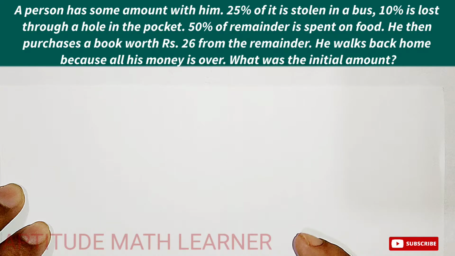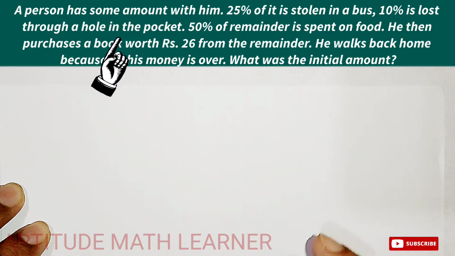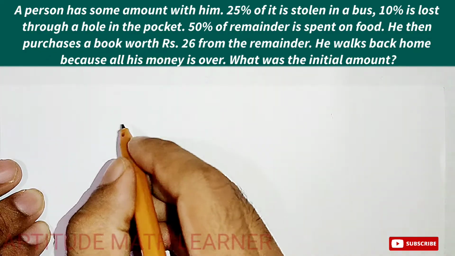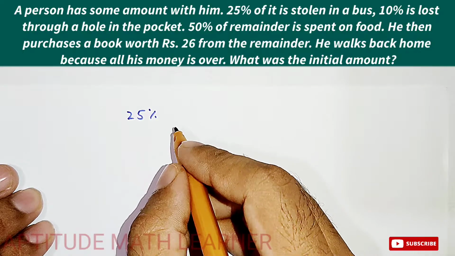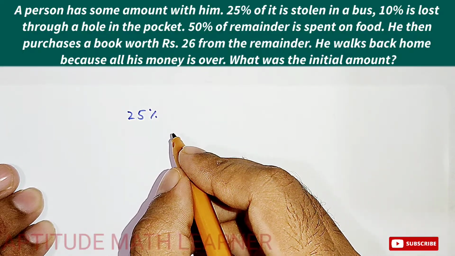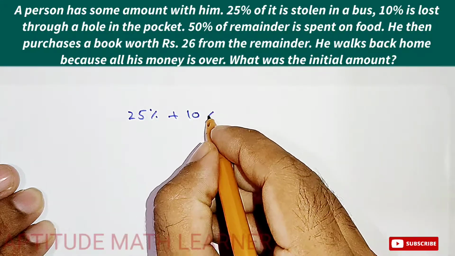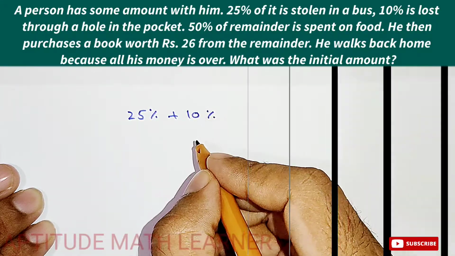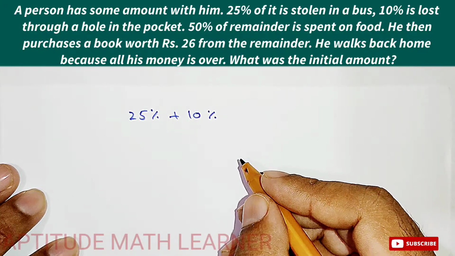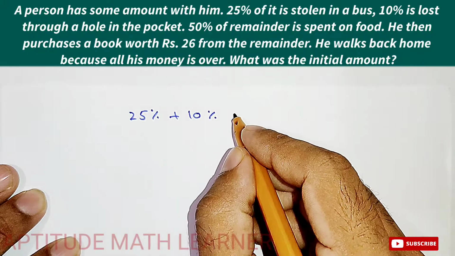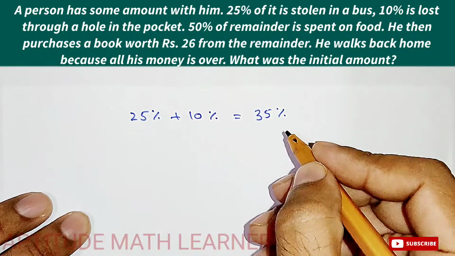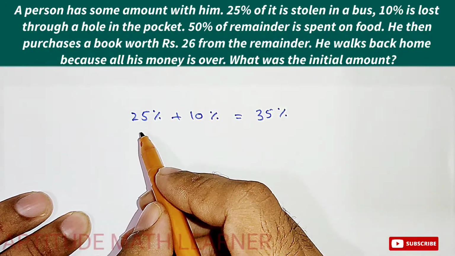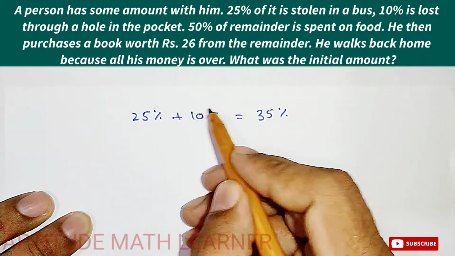It says that 25% of it is stolen in a bus and 10% is lost through a hole in his pocket.